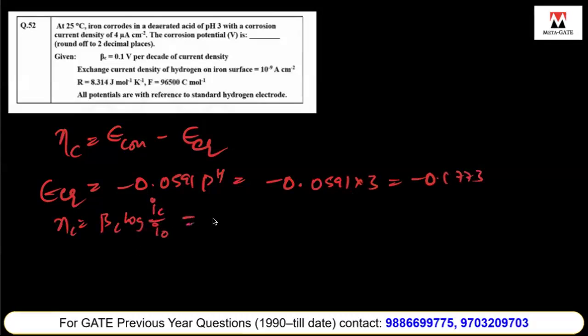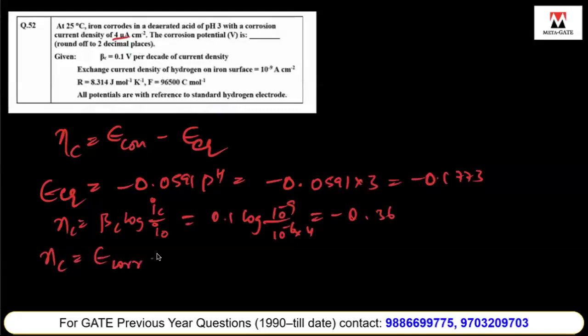Now beta is given as 0.1 log 10 power minus 6 by 10 power minus 9. This is equal to minus 0.1 into 4. So minus 0.36. And eta C is equal to E corrosion minus E equilibrium.